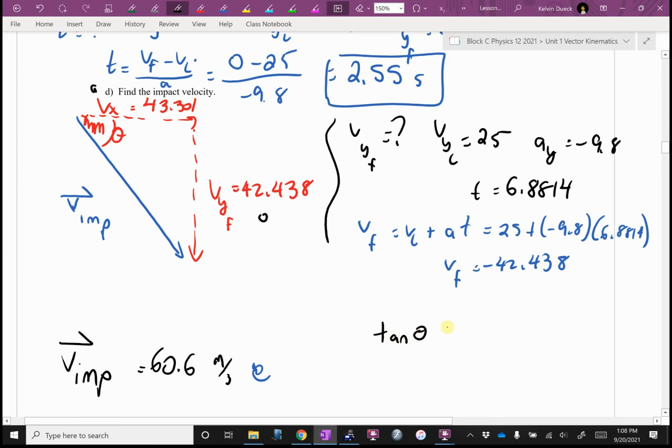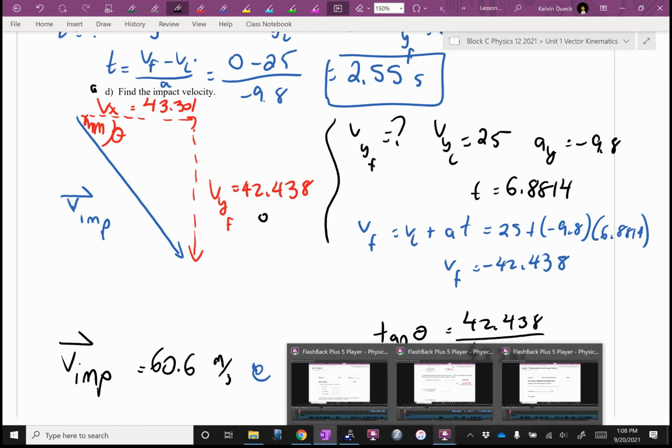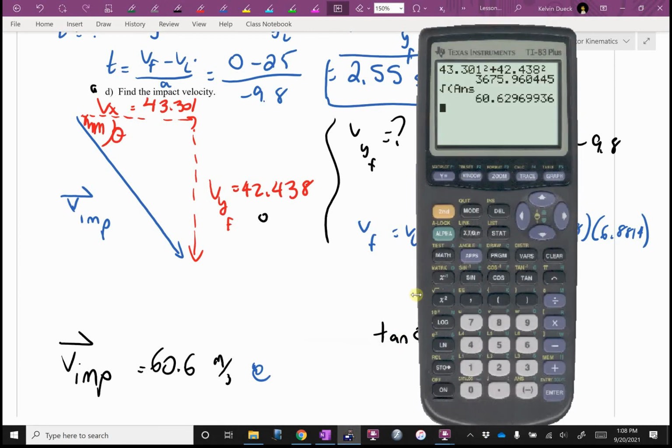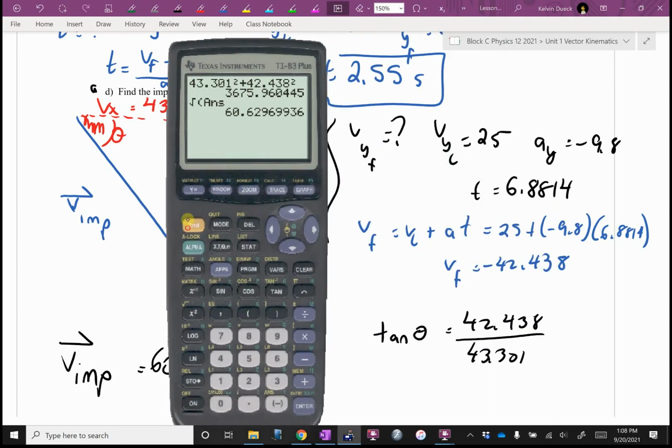Tan theta equals 42.438 divided by... shift tan... 42.43. Let's try that again.